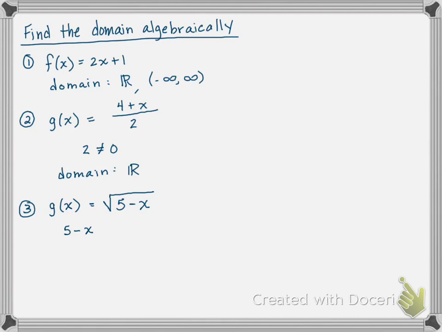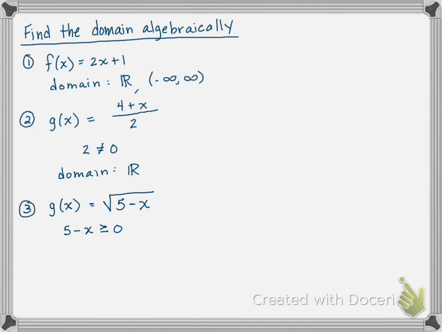And if it can't be negative, that means it can't be less than 0, which means it has to be greater than or equal to 0. So we're literally just copying whatever is inside the radical and then writing greater than or equal to 0 every single time. It'll never be a different inequality.